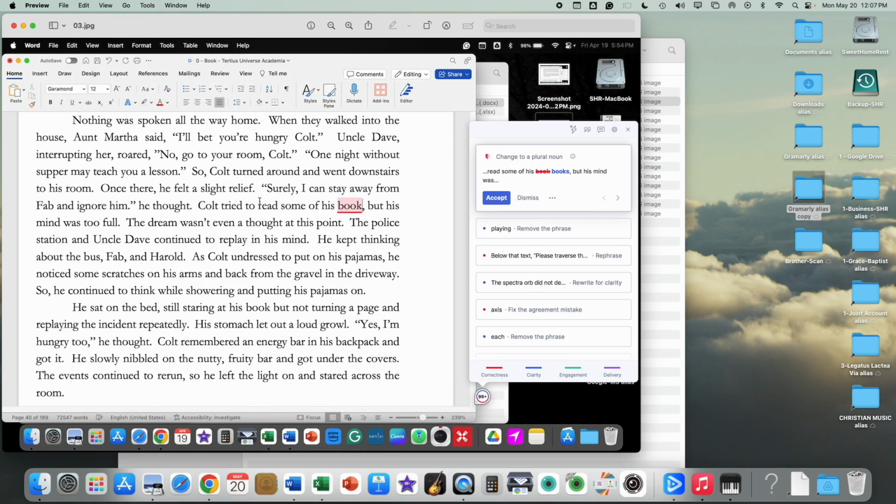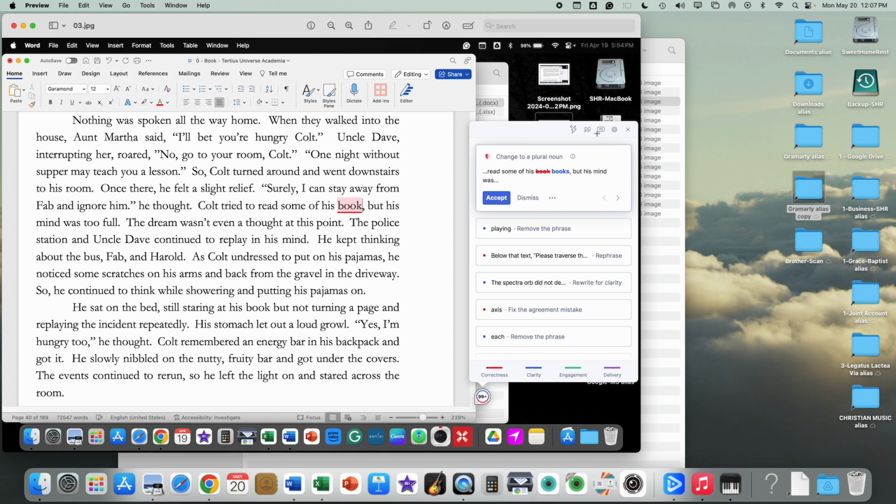Here's number 3. So Colt went back down to his room, and has a reading assignment from his teacher. So he tried to read some of his book, but his mind was too full because he was too worried about some other things.